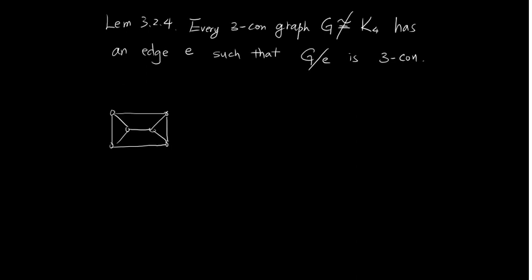Now you can try to find some edges. For example, I can take this edge in the middle as E, and I call the other edge F. So you have 2 options. Let's call this G. If you do the contraction with F, then the graph becomes this.